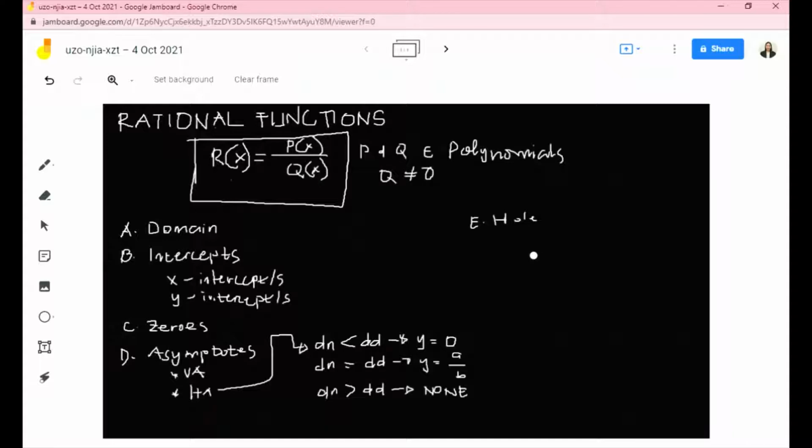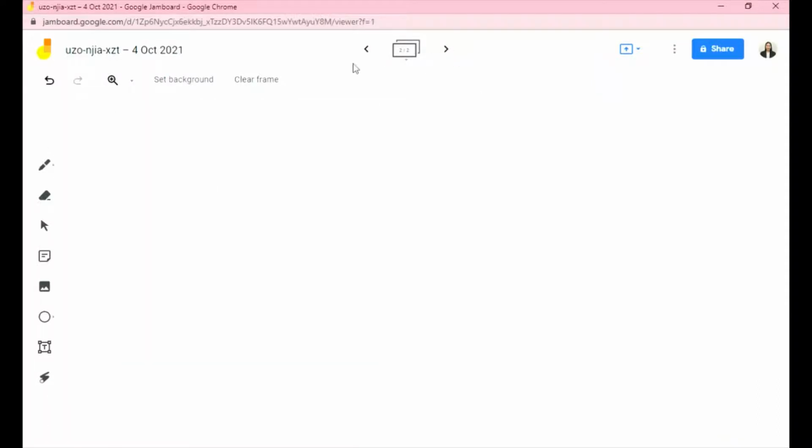You just have to check first if there is a common factor in the factored form of your function. If you can see a common factor, then you solve for x. But if you cannot see a common factor for the numerator and the denominator, then this means there is no hole in the given function.